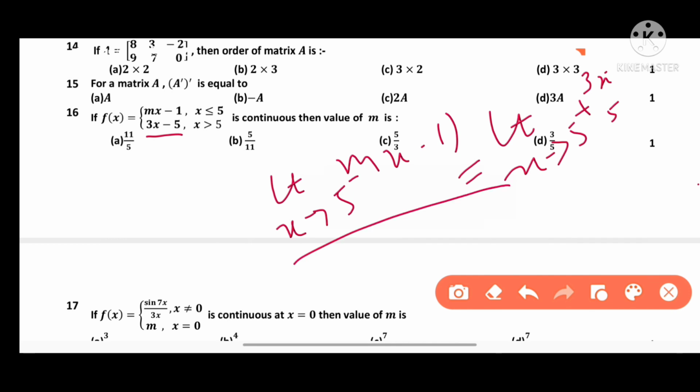Now by solving this, we get m is equal to 11 by 5. So A is right option.